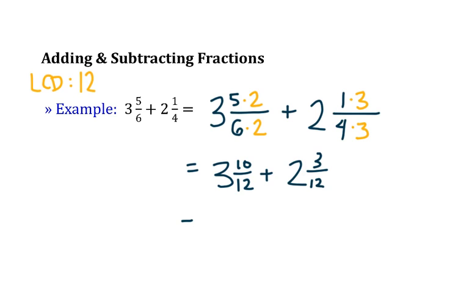And when you're adding with mixed numbers, we just add the whole numbers out front. So in this case, 3 and 2 give 5. And then we add the fractional parts. So 10/12 and 3/12 just gives us 13/12. So now I have a kind of funny looking answer of 5 and 13/12. 13/12 though is improper.